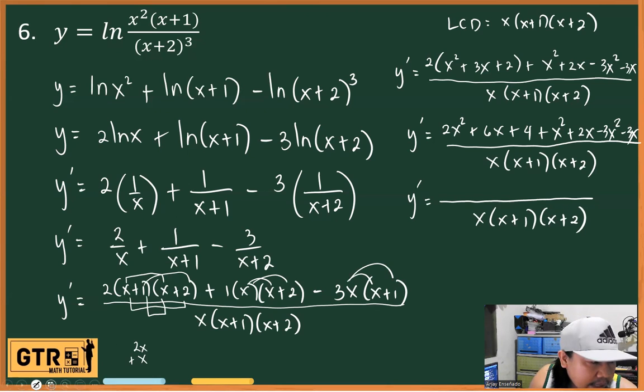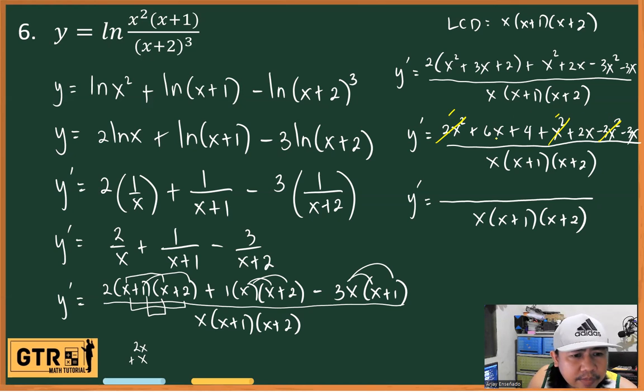So let's cancel out the common terms. So we have 2x squared and then x squared, that is equal to 3x squared. And then we have negative 3x squared here, so that can be canceled out. Okay? That is 3x squared minus 3x squared, so we can cancel that.